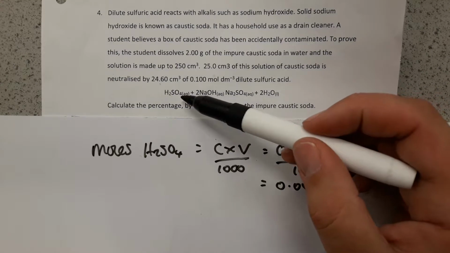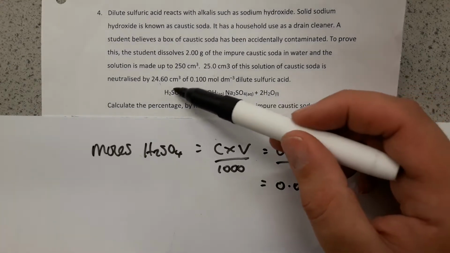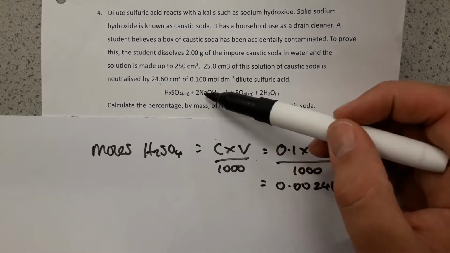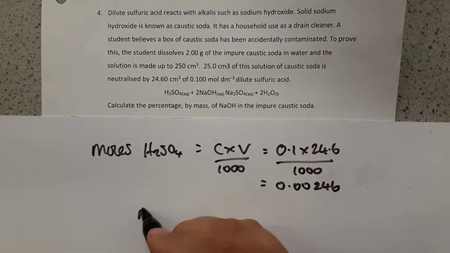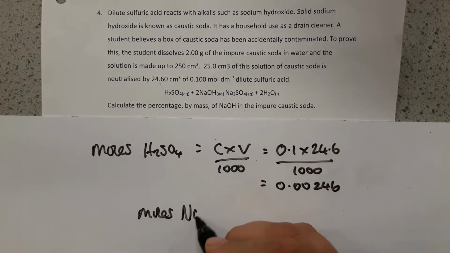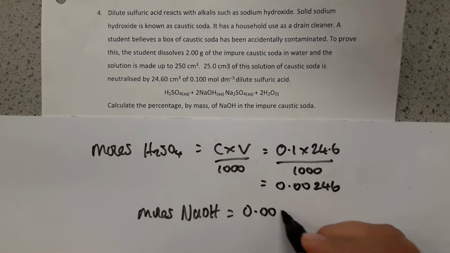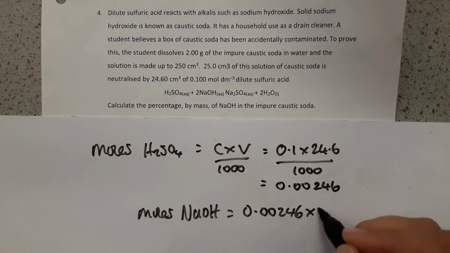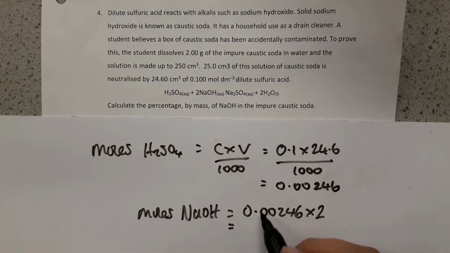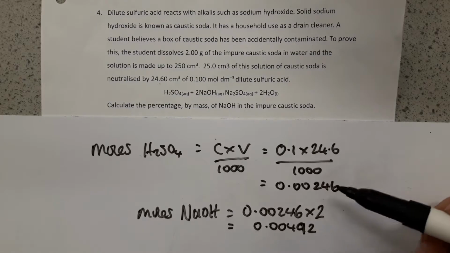The ratio in the equation is 1 to 2, so 1 mole of sulfuric acid will react with 2 moles of sodium hydroxide. Therefore my moles of NaOH is twice this value: 0.00246 multiplied by 2 gives 0.00492.